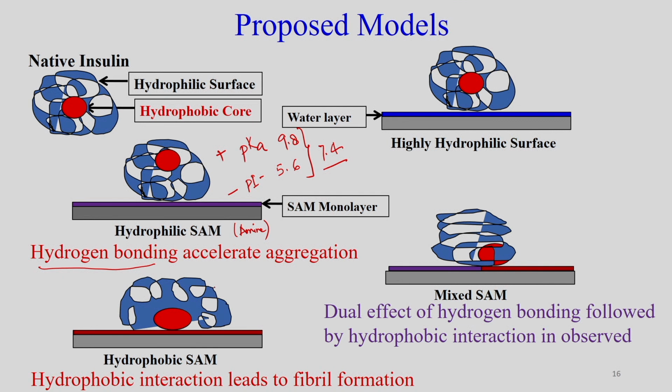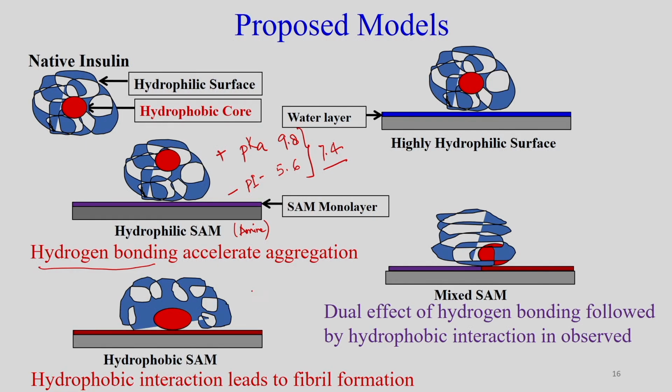Now, in this case the hydrophobic group is there at the surface, but it is surrounded by hydrophilic groups. So, the formation of nuclei or the multilayer adsorption process is delayed. That is why we observed a relatively longer lag time in case of the octyl surface.